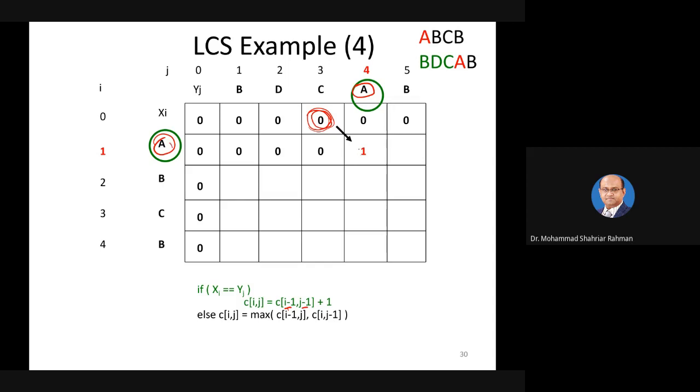So this one signifies that as of now, the length of LCS is 1. এখনো পর্যন্ত আমরা জাস্ট একটা কমন এলিমেন্ট পেয়েছি, কমন সাবসিকোয়েন্স পেয়েছি, which is A. Then we move on.